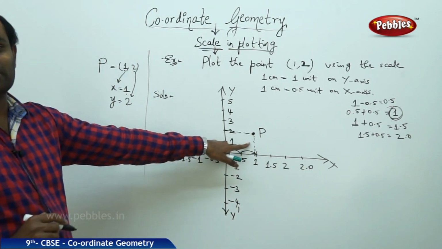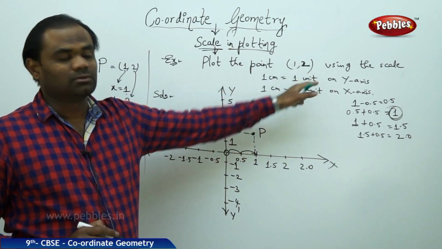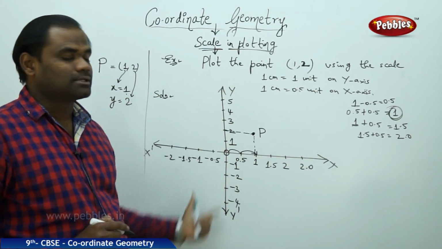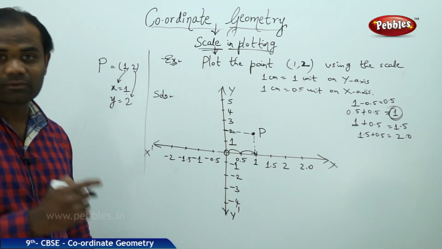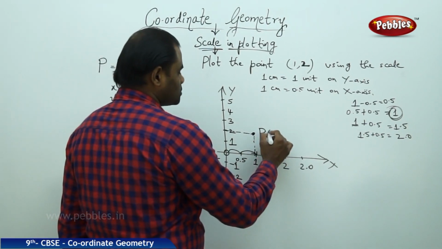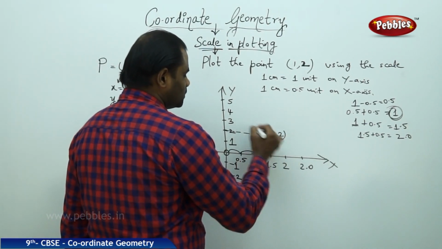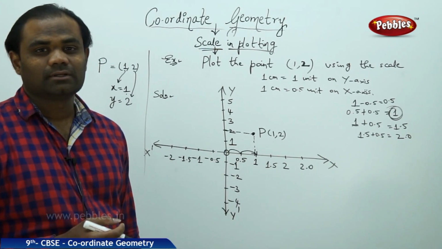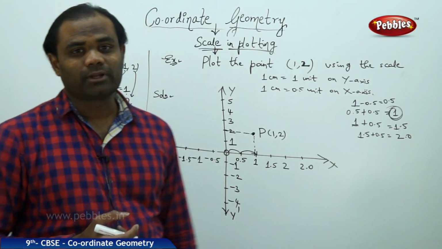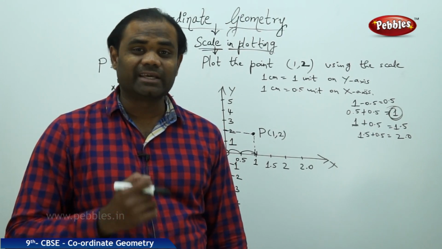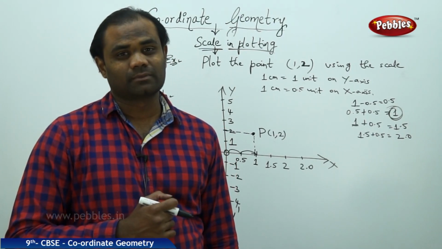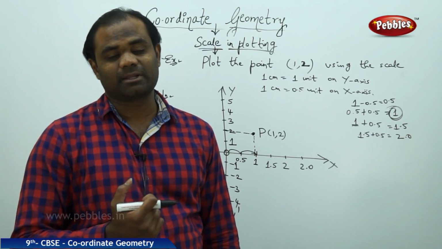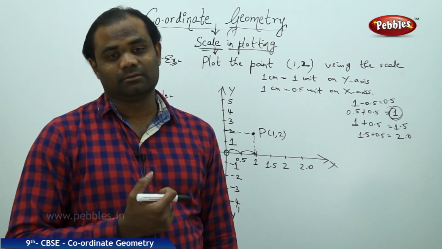So this is my point (1, 2), depending on the scale as given respectively for the x and y axis. It's easy. Plotting the point is based on scaling and then locating the point through that scale.